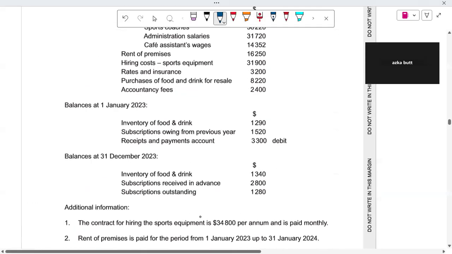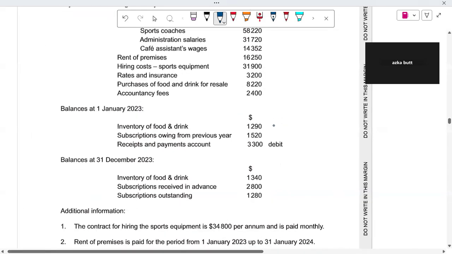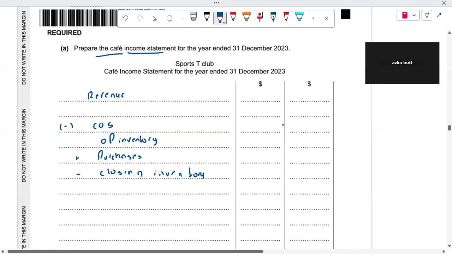Okay, so now let's see the revenue. As we can see, first of all, we have the cafe sales, which is $27,000. Now this is very easy. Now let's write it here.